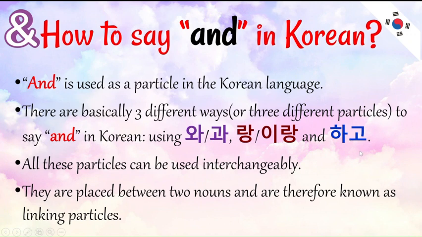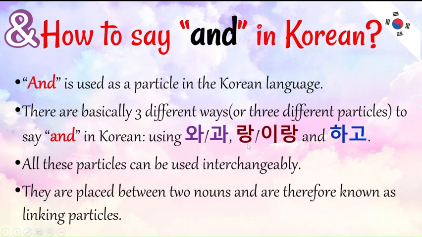And the third way is by using hago. So these are the three different ways by which you can denote and in Korean sentences. Okay. Now all of these particles can be used interchangeably. No need to worry about that.